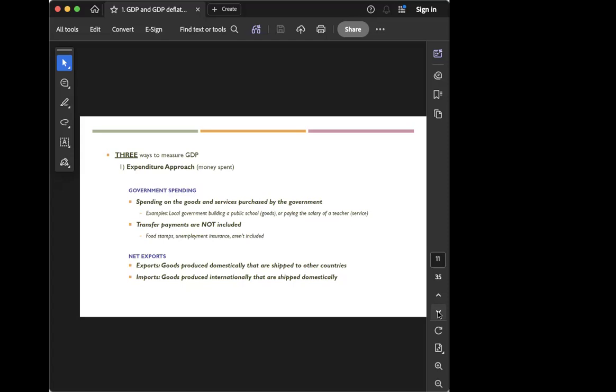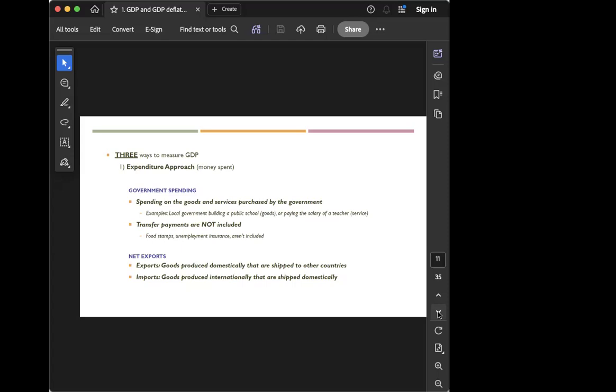That is because the government is not buying new goods or services. It is transferring money from one person to another, not buying it. So if we focus on the definition of GDP, we will know what to include or what to exclude. And lastly, we have net exports.